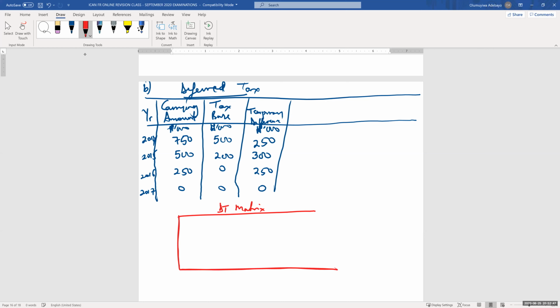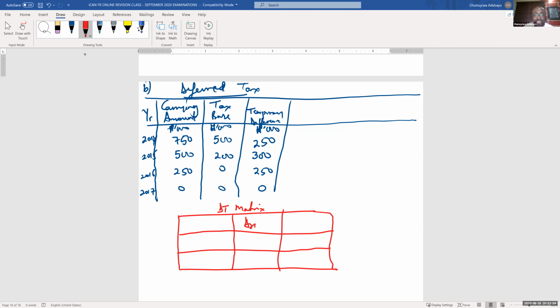Let us check our deferred tax matrix again. We are looking at assets and we are looking at liability. We are looking at a situation where the carrying amount is greater than the tax base or where the carrying amount is less than the tax base.